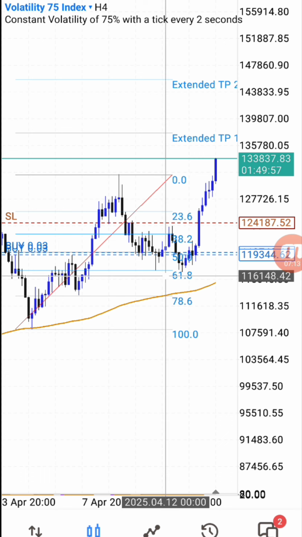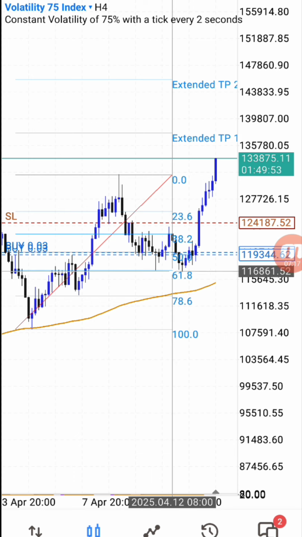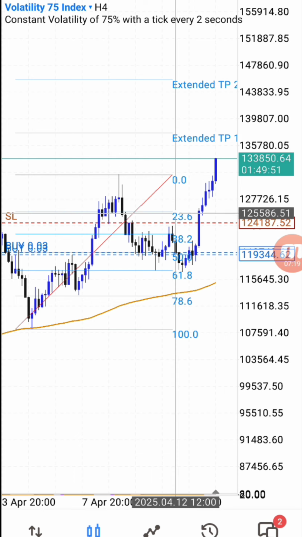And you can see what you are going to target, right? Any of these levels, if you enter your trade at any of these levels, for instance, if you enter your trade assuming the retracement got to 38.2, your first TP should be the 0.0 level. That's going to be your TP1.